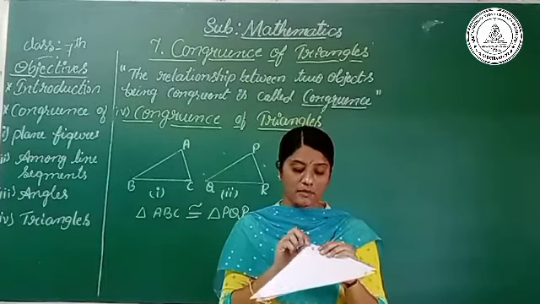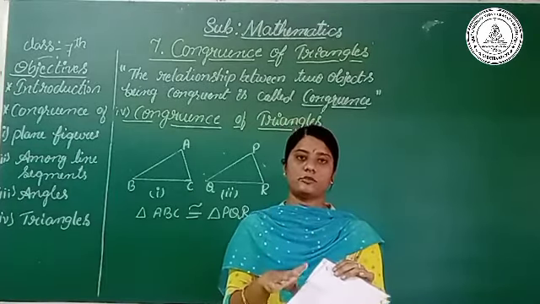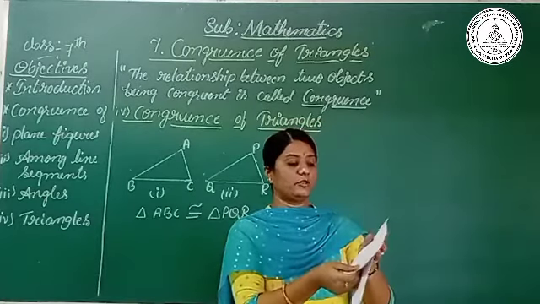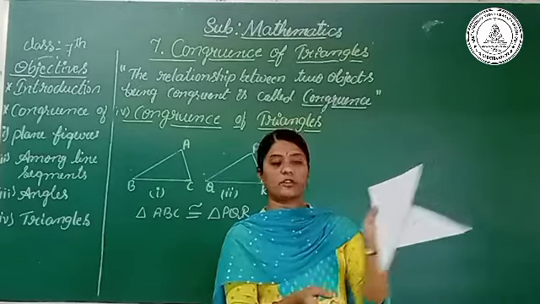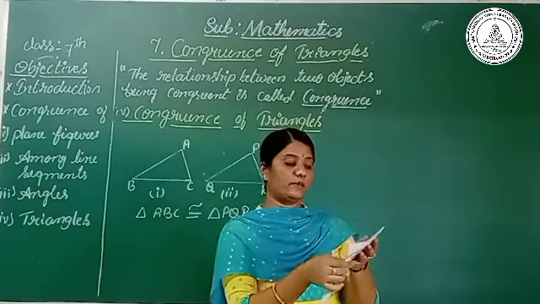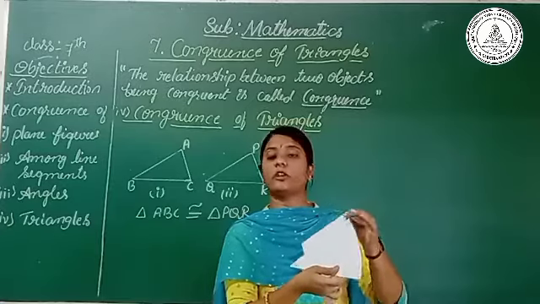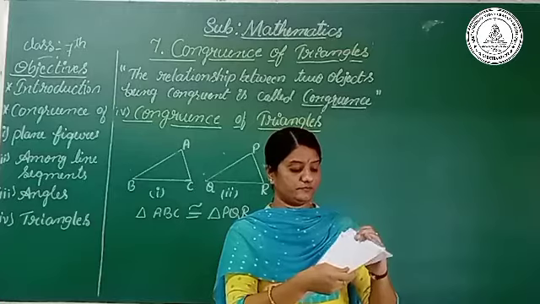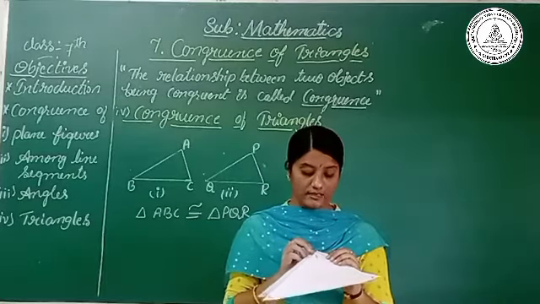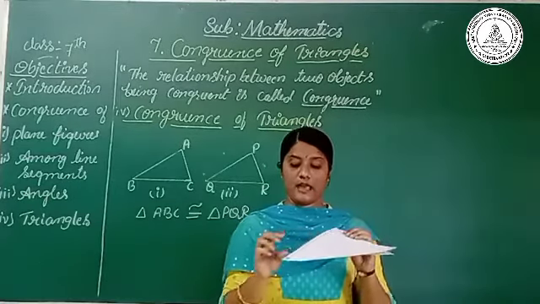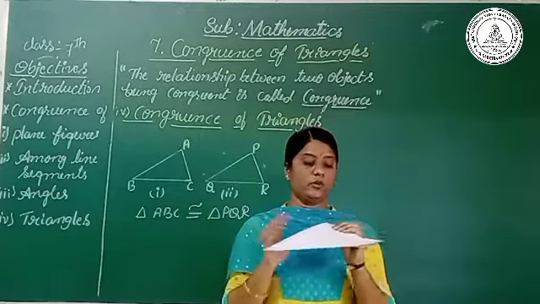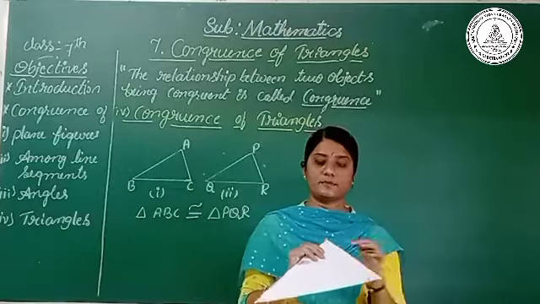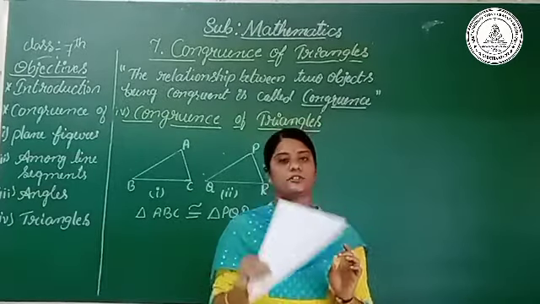Here angle A measures 60 degrees, angle B also measures 60 degrees. If we superpose like this, do we get the exact congruence? No. Why? Because the measure of P is not equal to the measure of C. So we have to superpose like this. Here angle A corresponds to angle P, angle B corresponds to angle Q, and angle C corresponds to angle R. So these are the corresponding angles of these triangles.